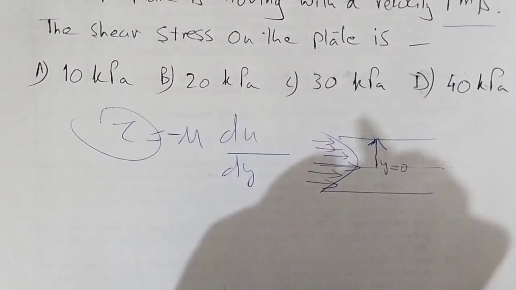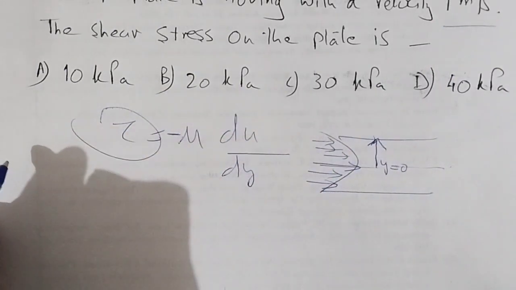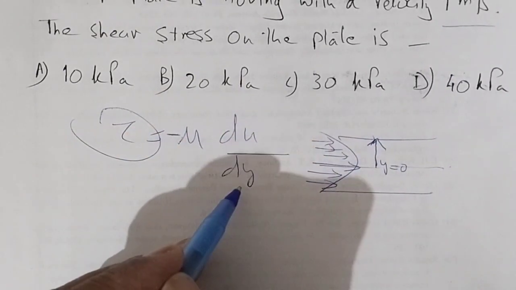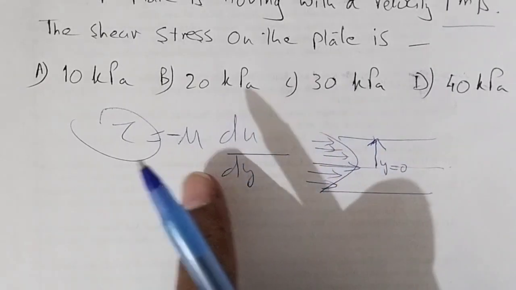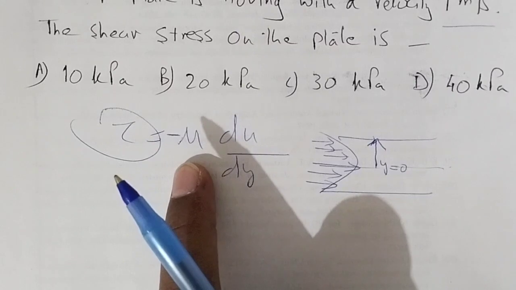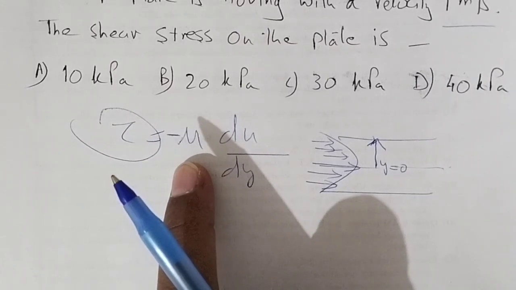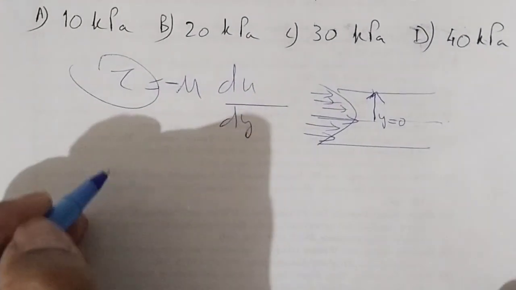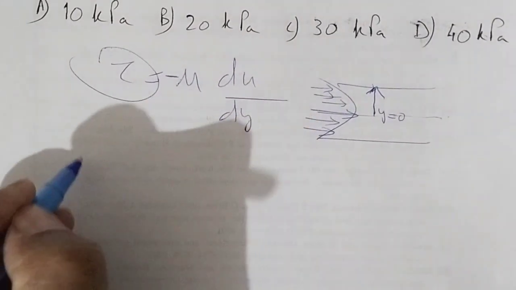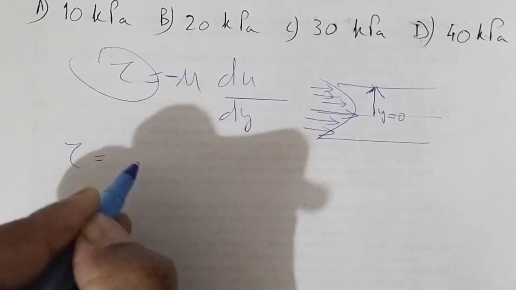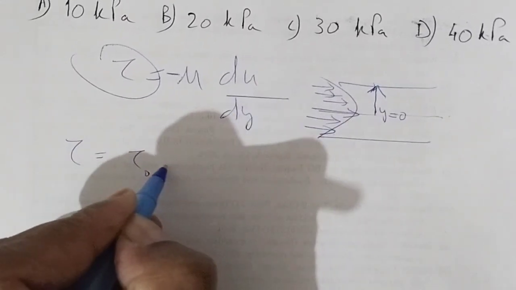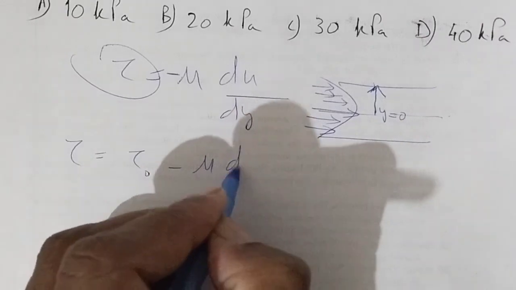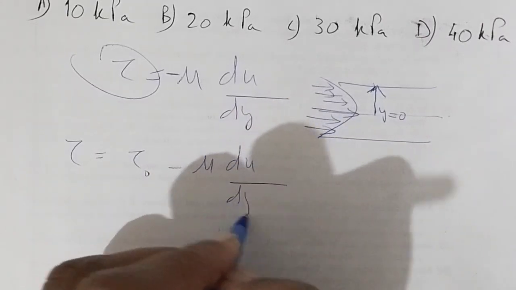Tau is shear stress, which is Newton per meter square. Du by dy is shear rate, which is second inverse, and the proportionality constant is viscosity, or you can call it dynamic viscosity. Now, for Bingham plastic fluids, the equation will become du by dy.